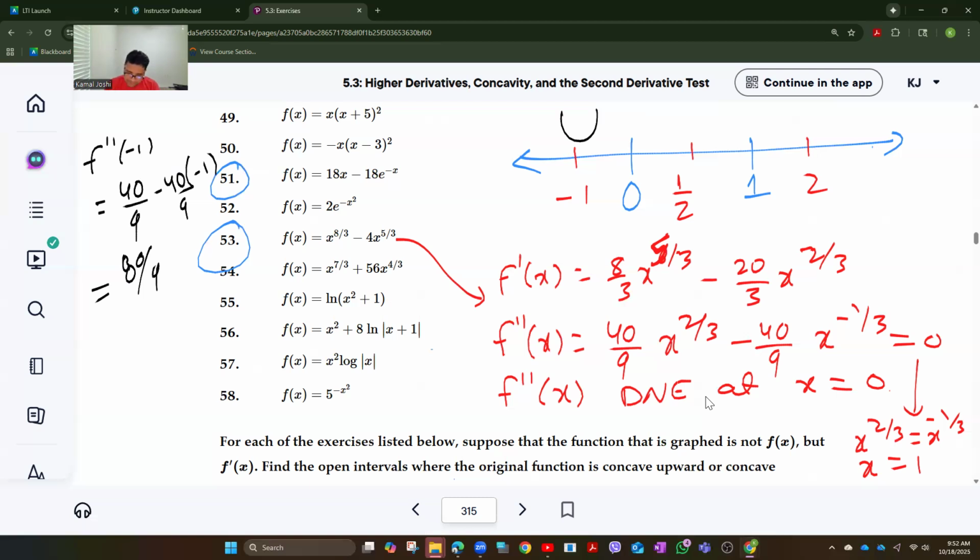And when you plug in half, now these things become interesting. When you plug in half, f double prime of half, that 40 over 9 is a constant factor.